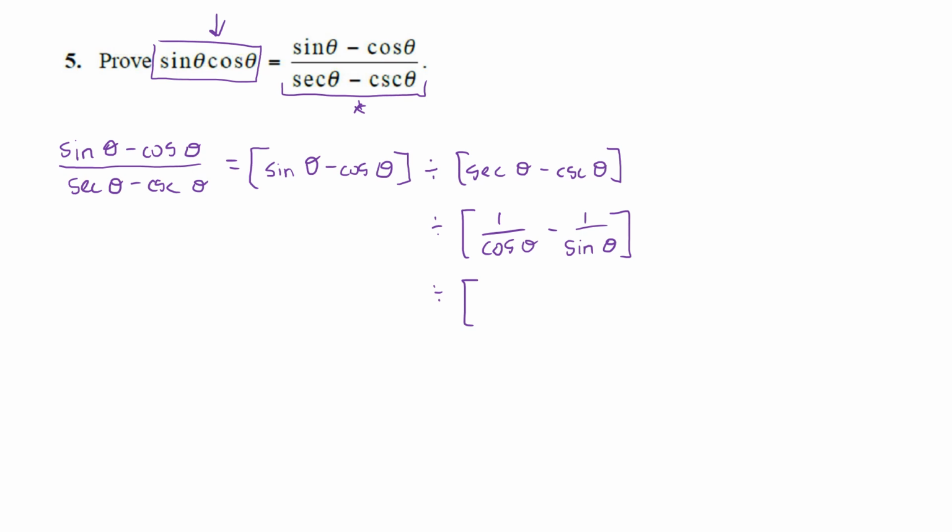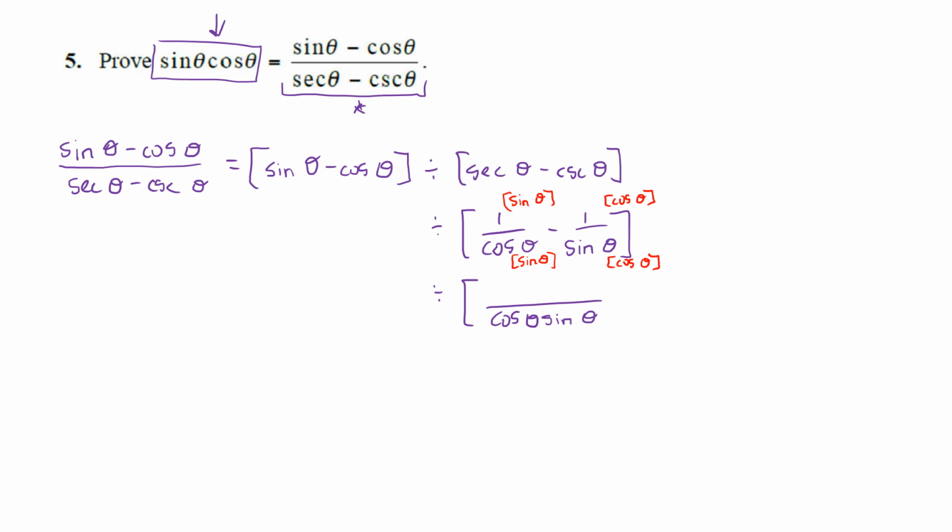I want them to have the same name. So I'm going to be multiplying my first ratio by sine theta in the numerator and in the denominator. And then 1 over sine theta, I'm going to multiply by cosine in the numerator and in the denominator. In doing that, I will then have the same denominator, which will be cosine theta sine theta.